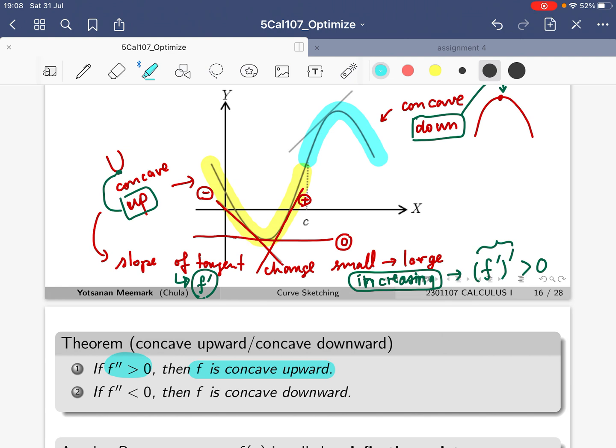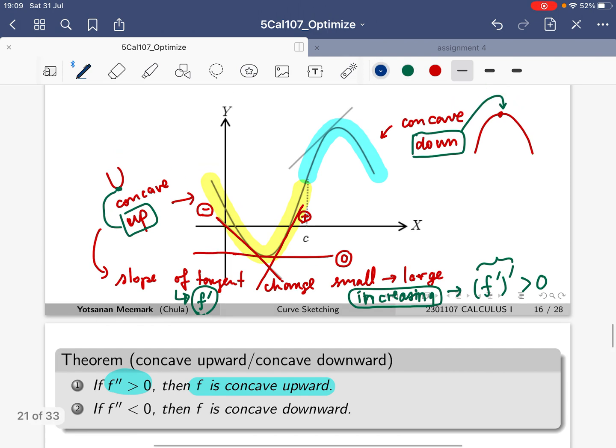Okay, on the contrary, if you look at this one, over the interval where the concavity is downward, you see that the slope is positive, then the slope becomes 0, and then the slope becomes negative.